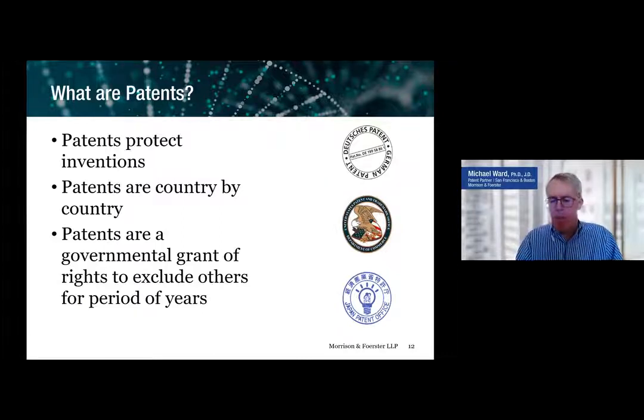So you'll have a German patent, a French patent. So there's no such thing as a worldwide patent. Patents are a governmental grant of right to exclude others for a period of years. So for those of you who attended the class last time, we explained this point and we're going to explain it again because this is fundamental. This third bullet point, it's fundamental to everything we talk about for the rest of the course.